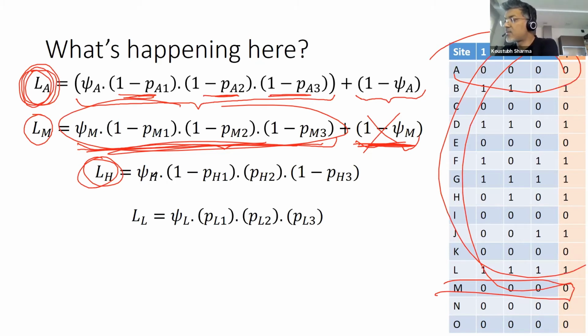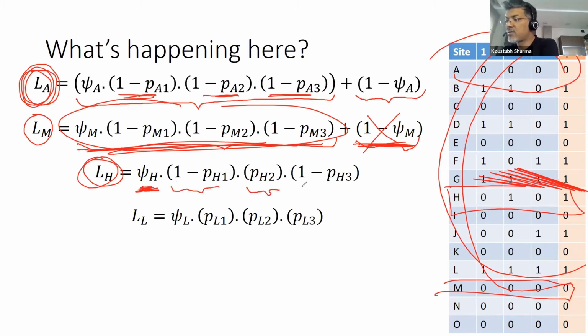Now, in this case, what is happening is in case of H, if you look carefully, this one, I am seeing the species on one of the occasions. So I know definitely it's there, but I didn't see it on the first occasion.